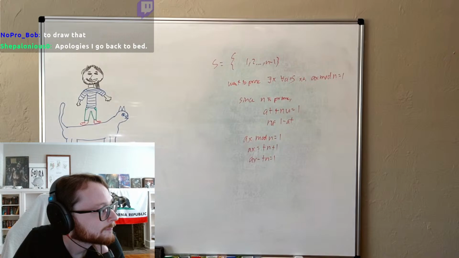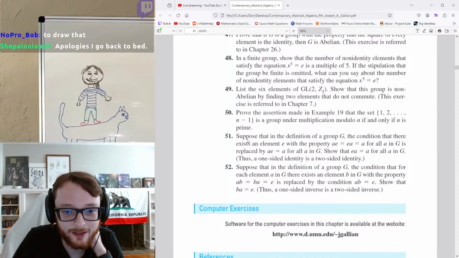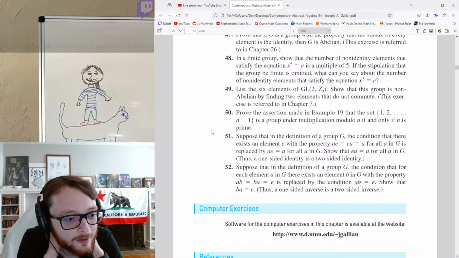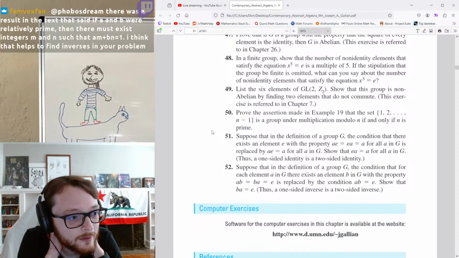So yeah, I want to give a good answer to this problem here, because I'm pretty sure I can do it. Anders is saying if n is not prime, then n equals ab, with 1 less than a less than n, 1 less than b less than n, right?